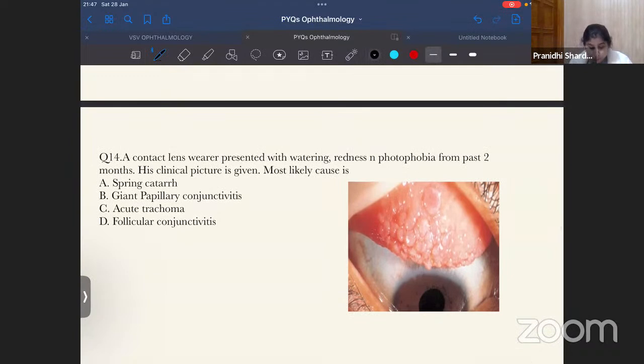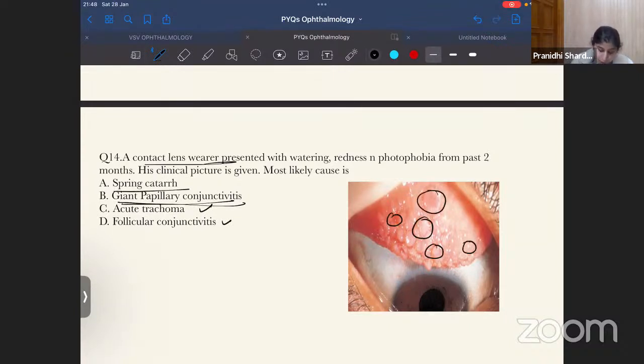The next is a contact lens wearer presented with watering, redness and photophobia from past 2 months. His clinical picture is given. Now you can easily rule out, yes, it is giant papillary conjunctivitis because of the history, contact lens wearer. You can easily rule out trachoma and follicular because papillae are seen. These are the giant papillae.